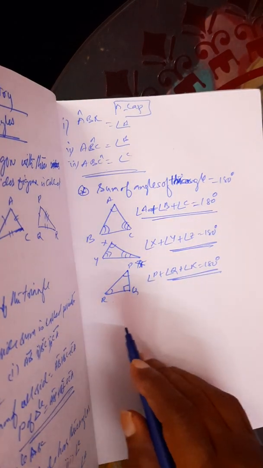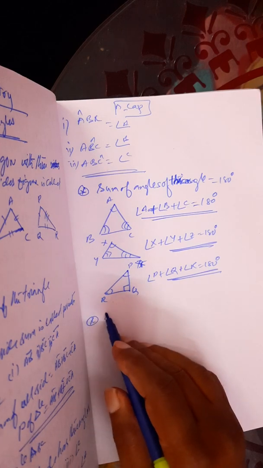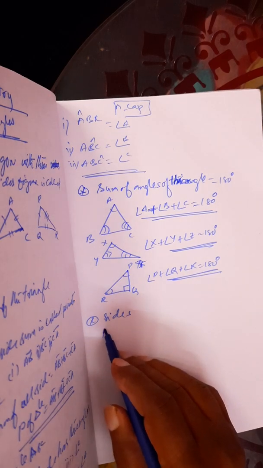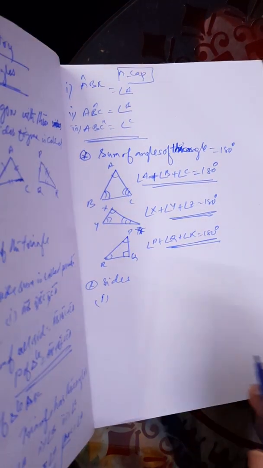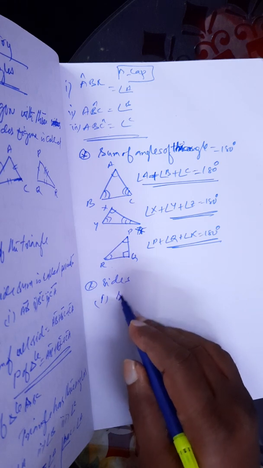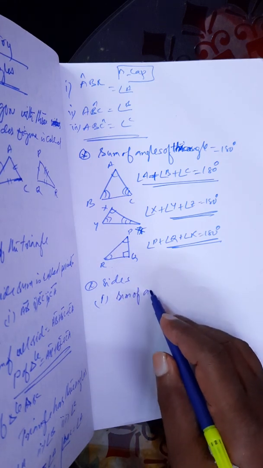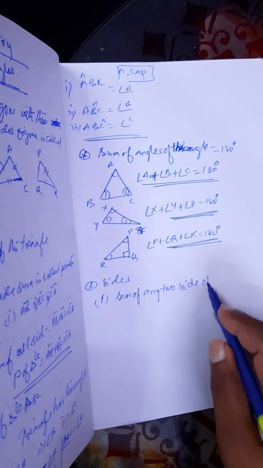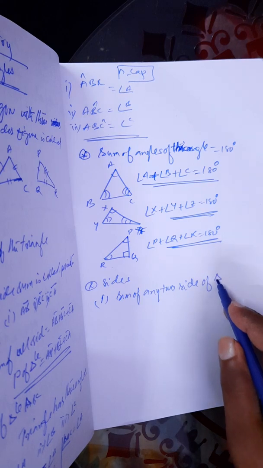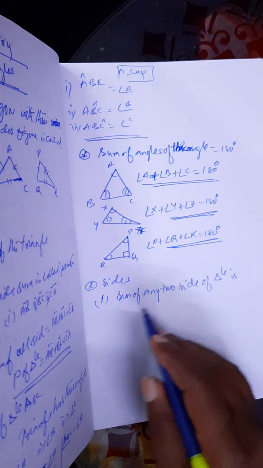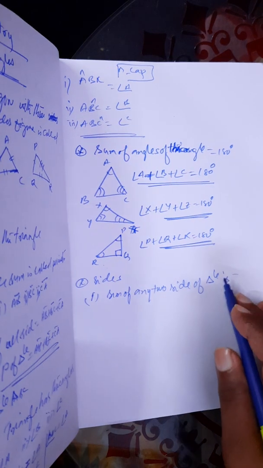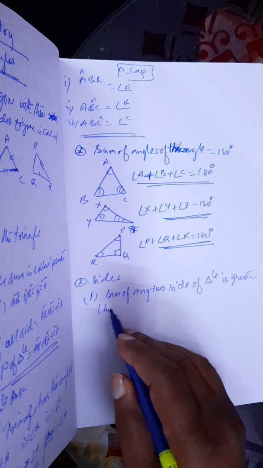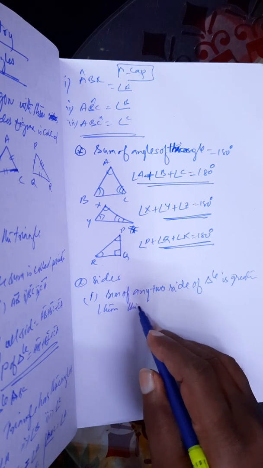If sides are there, some conditions are there for sides. What is that? First one is the sum of any two sides of a triangle is greater than the third or remaining side.